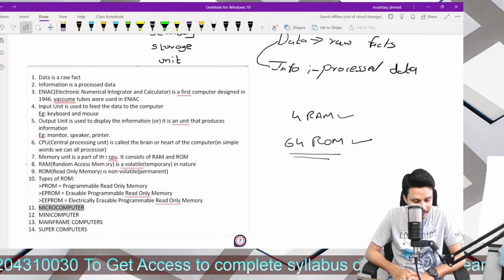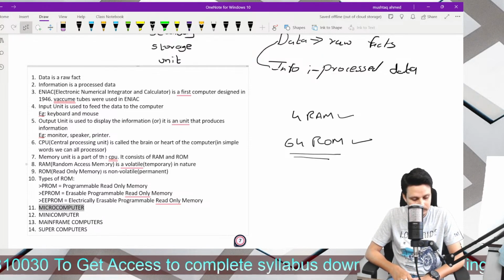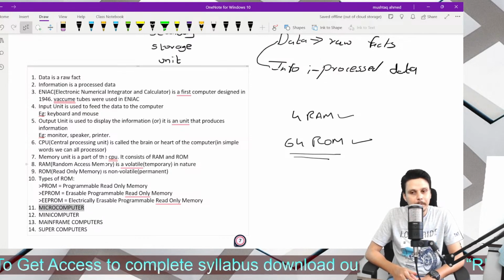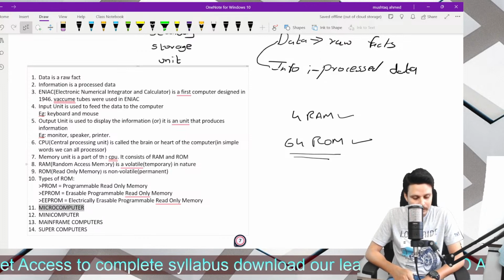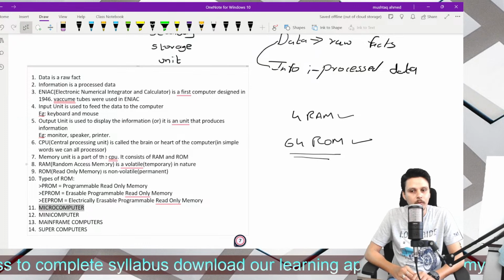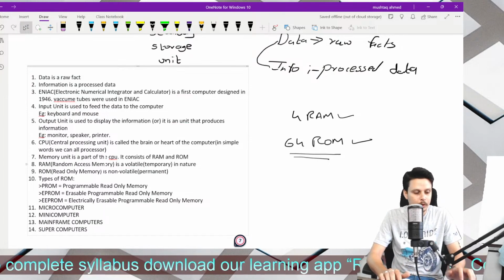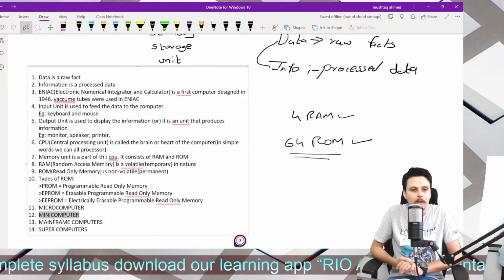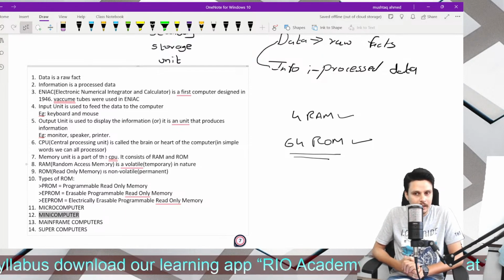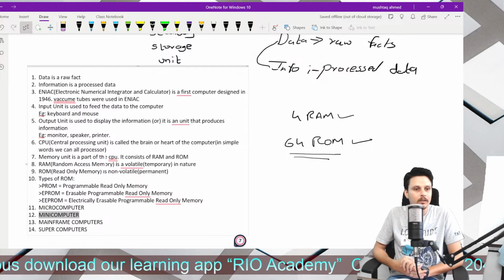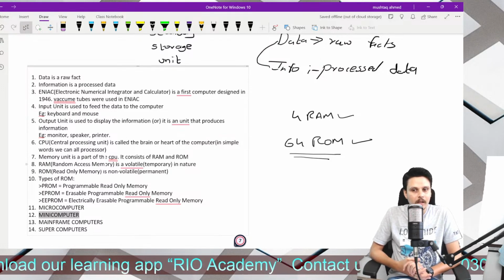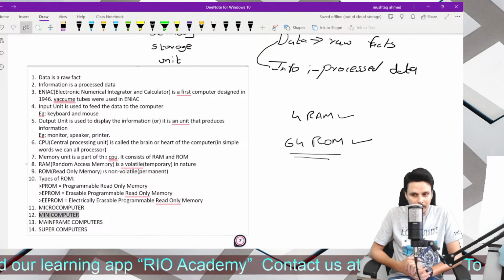What do you mean by mini computers? Mini computers are used for large volume processing, for example LAN, local area network. If we provide a network locally, then mini computers are used; there we cannot use microcomputers.